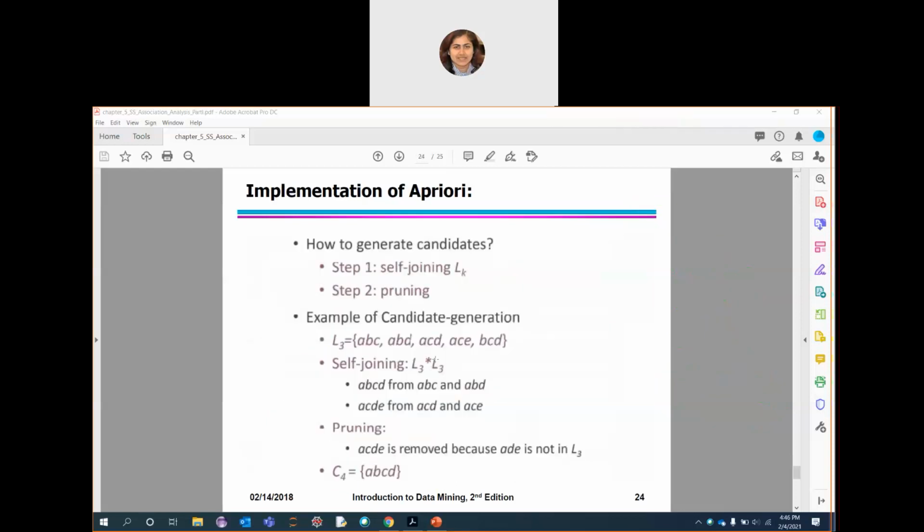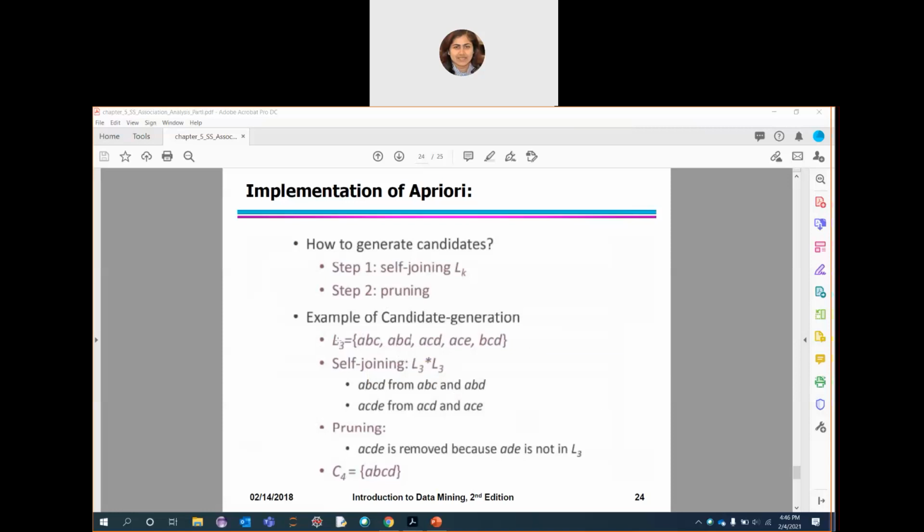Now, for implementing the Apriori, we basically do the self join operation in all the steps. Then after joining, based on the minimum support count, we do the pruning. That is the basic step for generation of candidates. So an example here, if L3 is an item set having all these possible combinations or items.